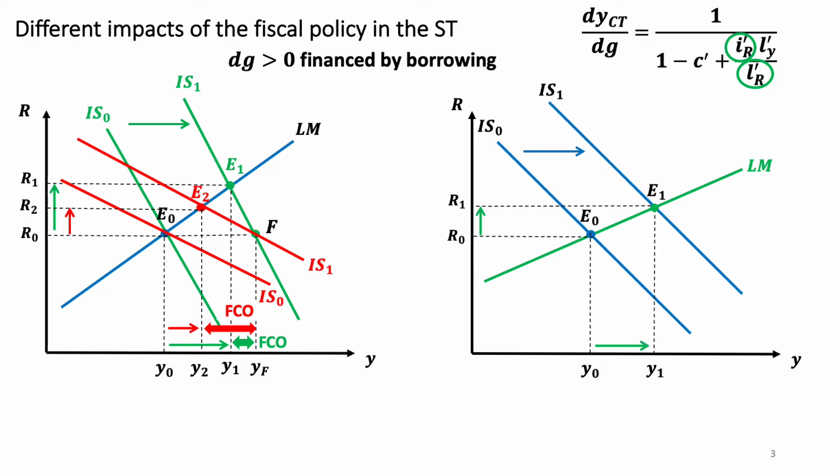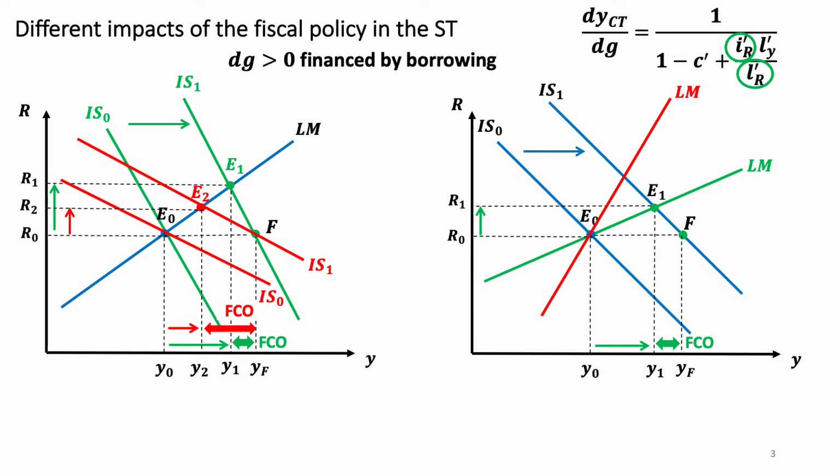This increase is relatively low because the money demand is very sensitive to the interest rate. A low increase in the interest rate is therefore sufficient to decrease the money demand for speculative motives. In this case, the increase in the interest rate from R0 to R1 is relatively moderate, and the income increases from Y0 to Y1. The crowding out effect is therefore limited.